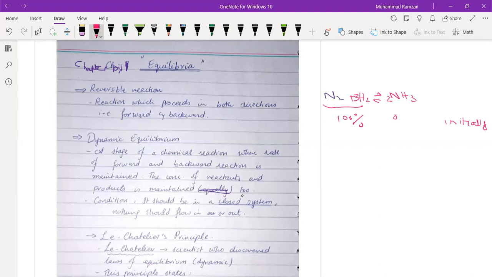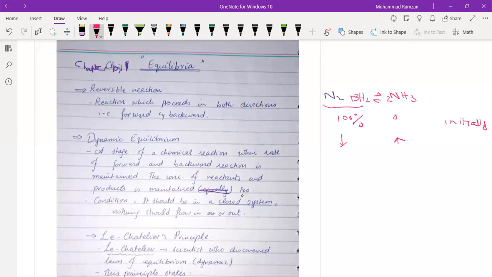With the passage of time, N2 and H2 are utilized and they are going to deplete, decreasing, and product concentration would increase. If it is a closed system, a certain amount of NH3 is formed, and above that amount is not possible.